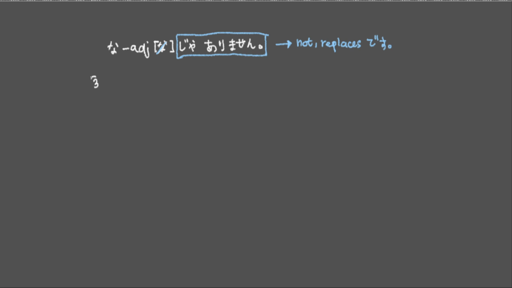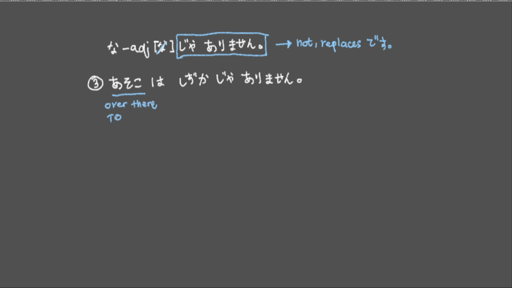Now let's have the example that we had. Okay, we have here asoko wa shizuka ja arimasen. 静かじゃありません。あそこは静かじゃありません。Okay. First off, again, asoko means over there.